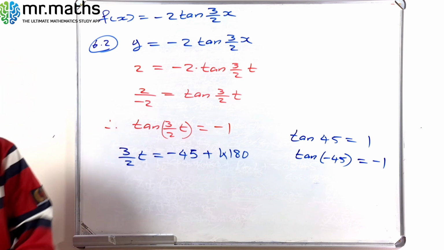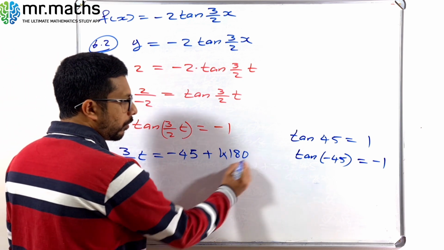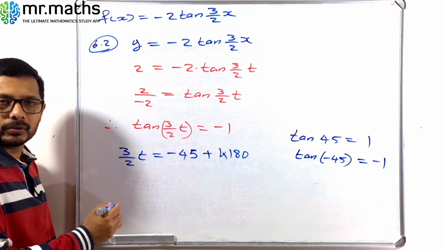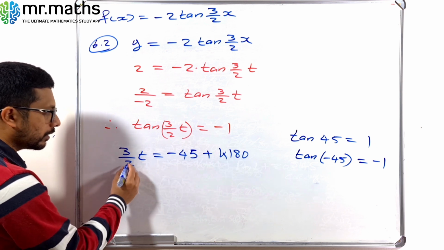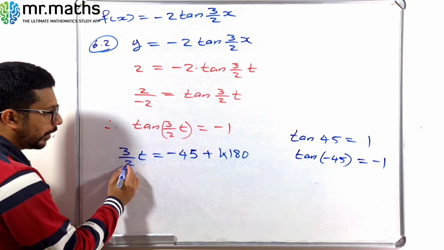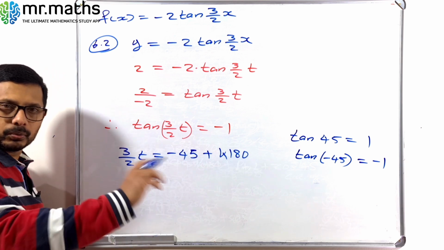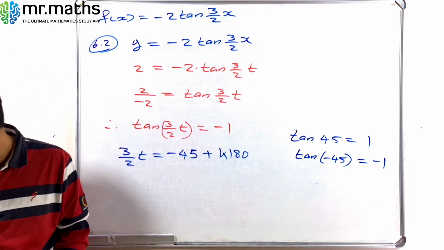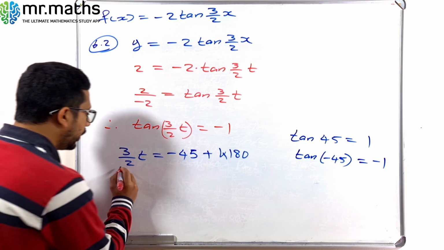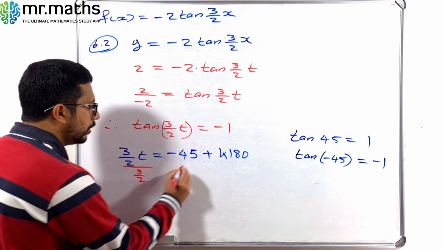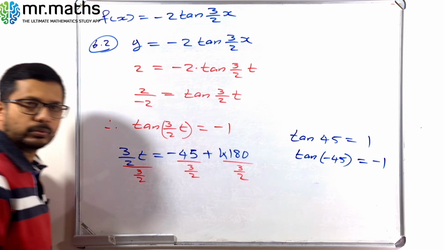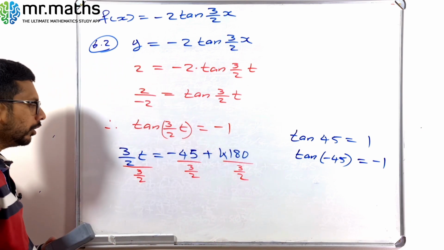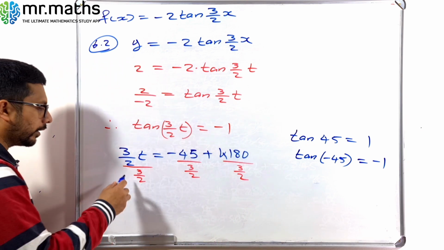Here now why we wrote this plus k 180? Because here the question is to write the general solution. So from here, how can you find t? You divide throughout by 3 over 2. Am I right? Don't waste too much time, you can just take your calculator and try to find the answer.